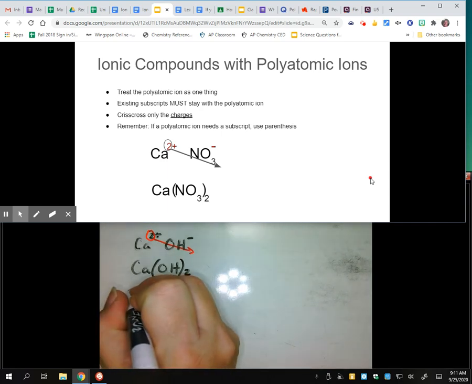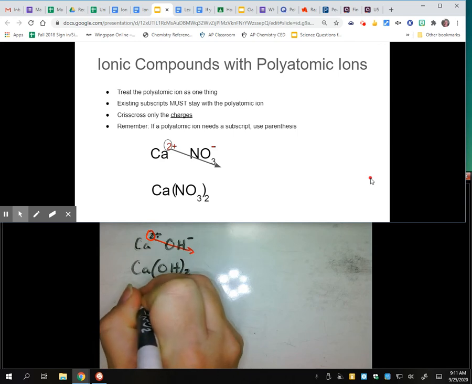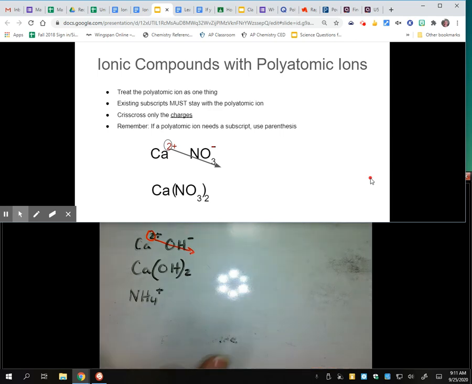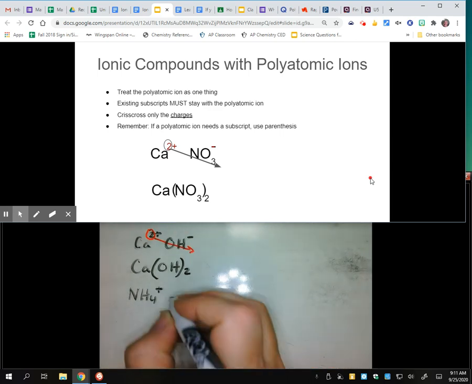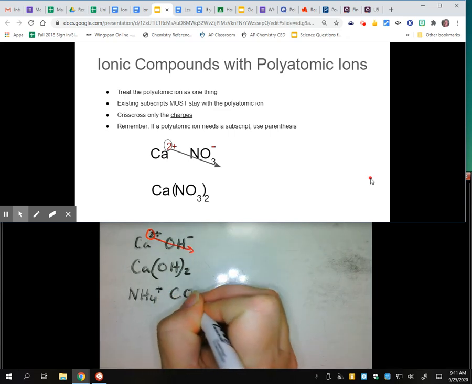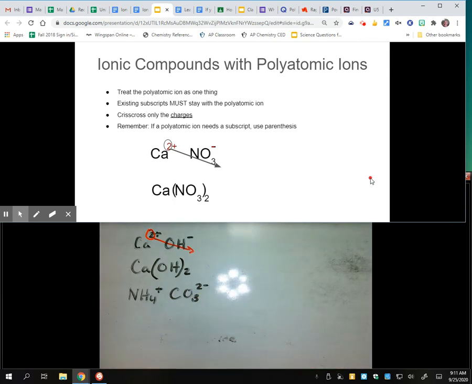Remember, we also have positive polyatomic ions. Like this is ammonium. So ammonium can bond to another polyatomic ion that has an opposite charge. So let's say it bonds to carbonate. Again, we're only going to be crisscrossing the charges here.